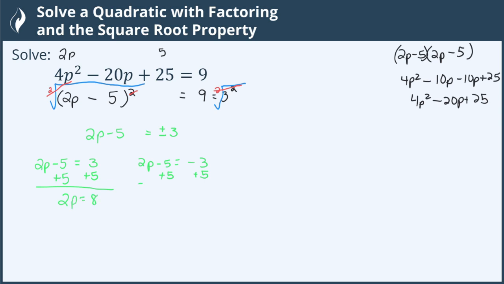Over here we're left with 2p equals 2. I divide both sides by 2, and so they cancel out. And I'm left with p equals 4 here, and here I'm left with p equals 1. So my solutions are p equals 4 and 1. So I would write that as 4, 1.